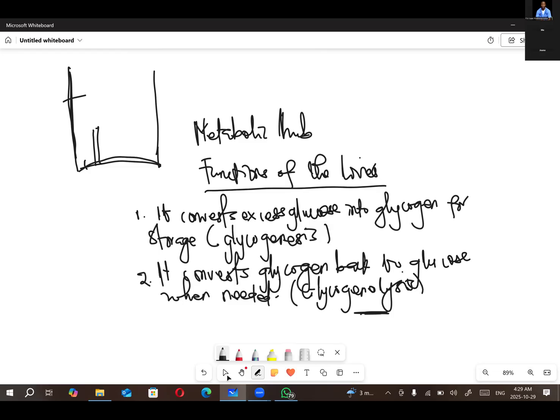Okay. So glycogenolysis is when glycogen is converted back to glucose. So now you know.